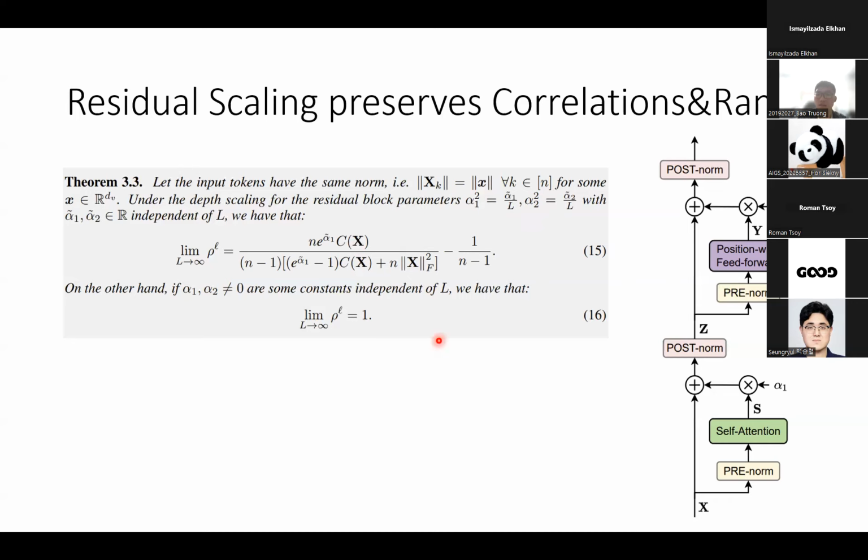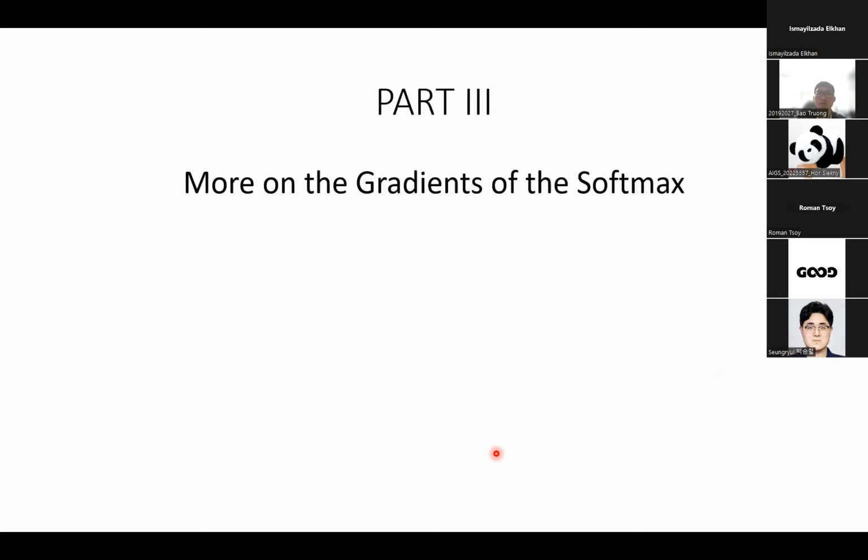On the other hand, in the case where alpha 1 and alpha 2 are constants independent of L, the correlation between tokens goes to 1 when the depth increases. This observation is consistent with previous findings concerning downscaling residual weights in ResNets or transformers.